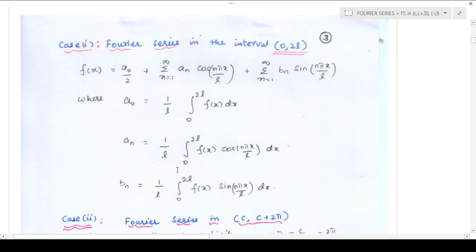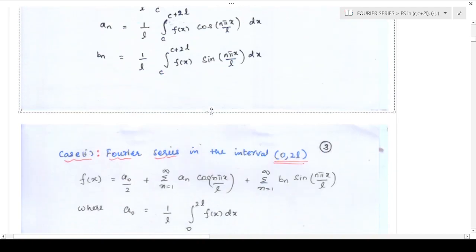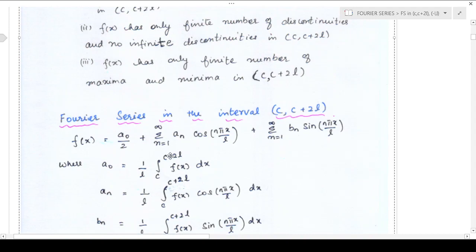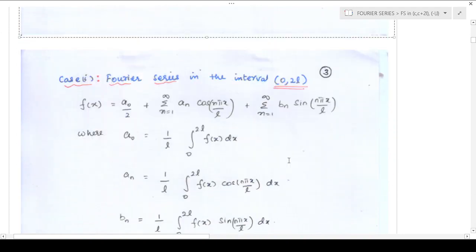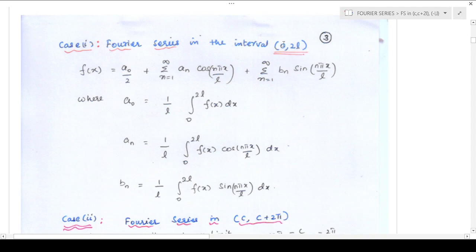Also a naught, a n, b n are all the same except the limits. The limits are 0 to 2l because c takes the value 0 here, right? Then here also the length of the interval is 2l, so half the interval, 1 by l, you are taking now.